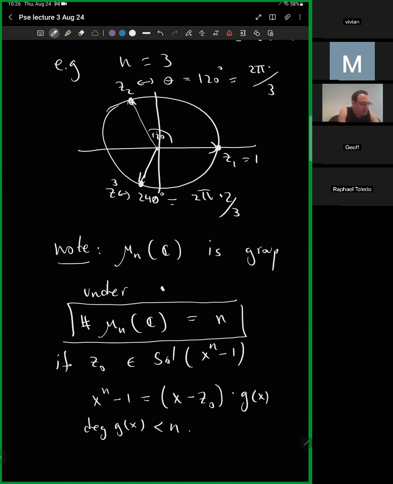So either you add 0 to 120, or you add 120 to 240. You still get again an element in this set, an nth root of unity. Any questions?